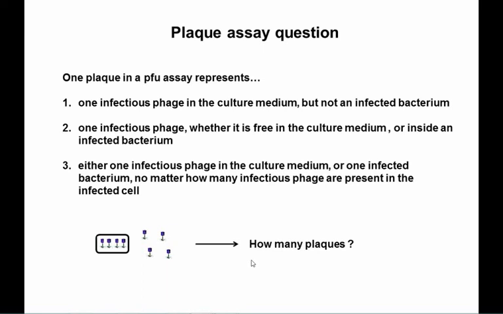Could be 4, could be 8, could be 5. So just think about that for a minute, because it's going to be important for you to understand this before we look at the results of the experiment.